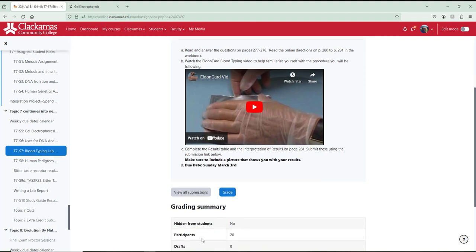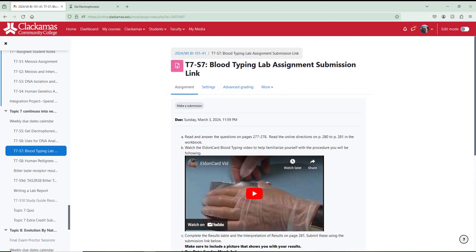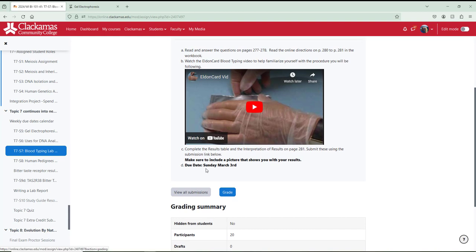And you're going to submit it at the bottom of our assignment here. Okay, so it's just page 281 showing what your data results were from your Eldon card and what your blood type was, as well as the picture of your Eldon card with the blood included, okay? And then you can dispose of the card afterwards.